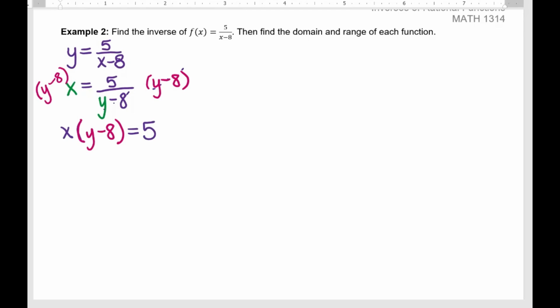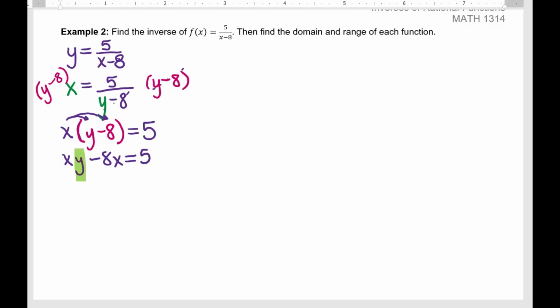Okay, from here, we are going to distribute our x, and we get xy minus 8x is equal to 5. Remember that we are solving for y. We need to get y by itself.